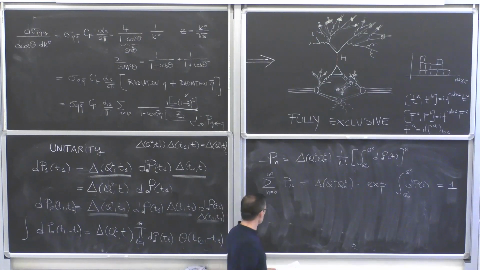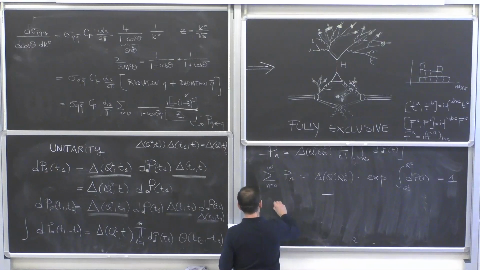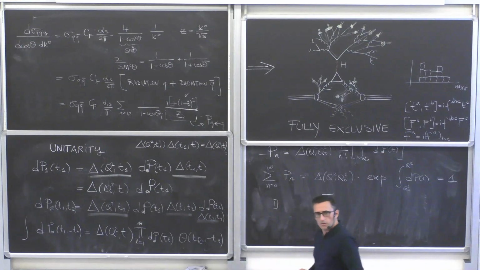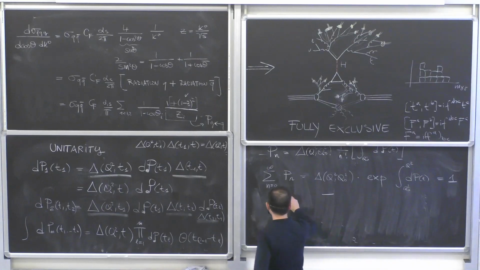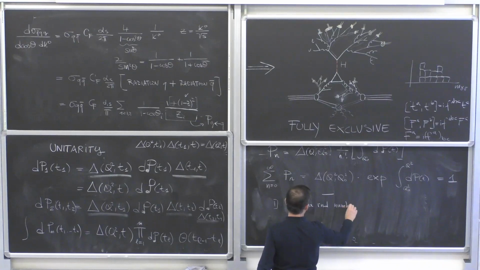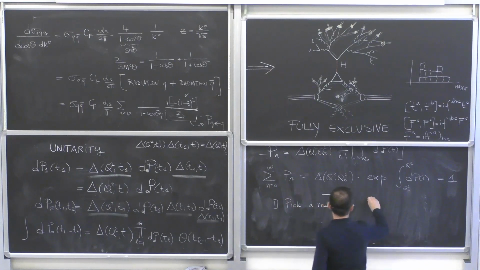So how does it work at the end? Now you do the following. You have an algorithm called the Parton-Shower algorithm, which tells you to pick a random number. That's why these are called Monte Carlo.